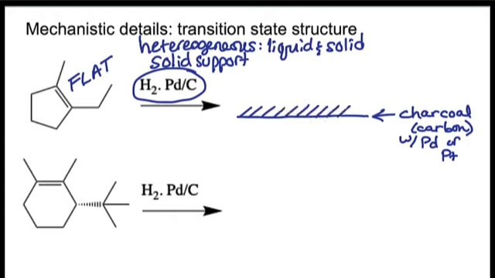And along the surface of this solid support, we have hydrogens being provided. Okay, and so this molecule is going to approach. It's flat, okay, and it's going to approach. So it could approach from this face and pick up a couple of hydrogen atoms.